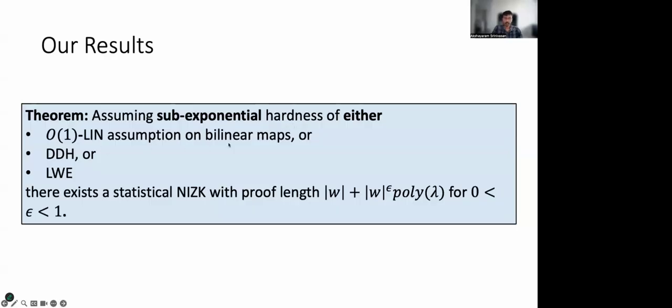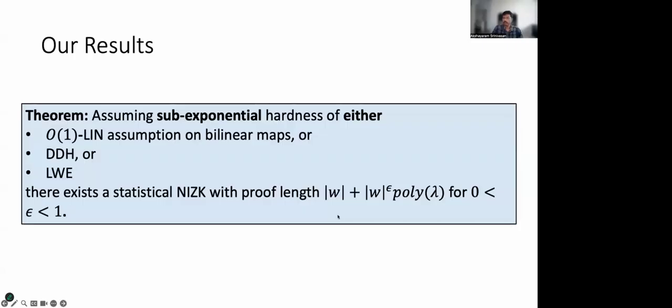In this work, we give such a construction assuming sub-exponential hardness of either k-lin assumption on groups with efficiently computable bilinear maps, or the DDH assumption, or the LWE assumption. And the size of the proof system in our work is witness plus witness to the epsilon times poly in lambda for some small constant epsilon.